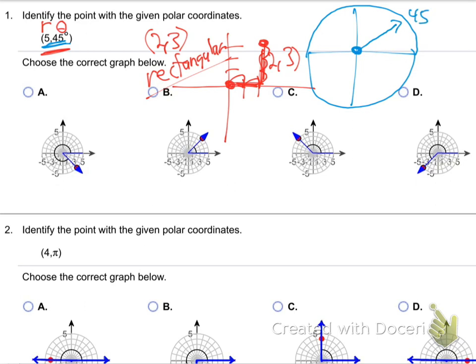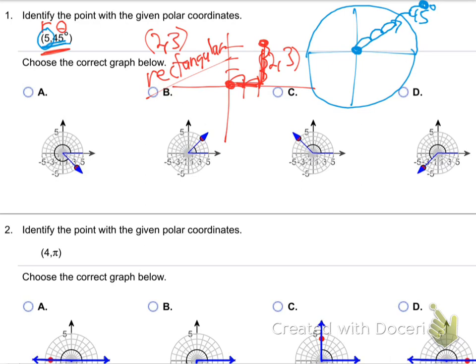That's the 45-degree heading. So you aim your cannon at 45 degrees, and then you shoot your cannonball out a distance of 5. It's going to go 1, 2, 3, 4, 5 in the 45-degree direction. That's how you locate points in this system. This is the polar system, different than rectangular.